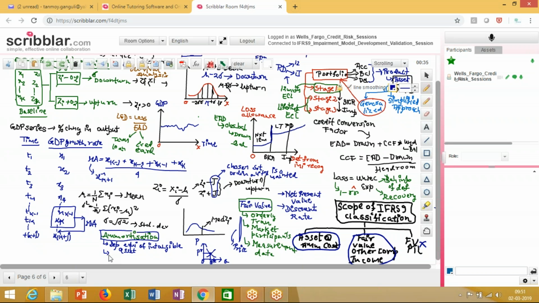Now, what happens in amortization? You are writing off the value of a fixed asset over a point of time. So we are writing off the asset at a fixed rate.